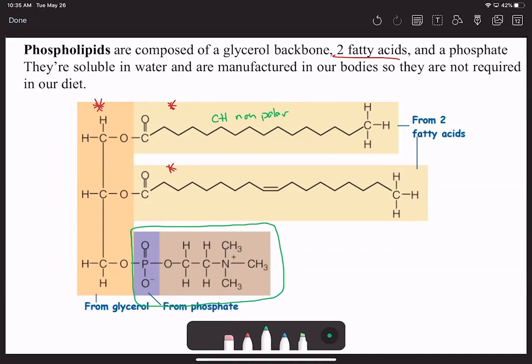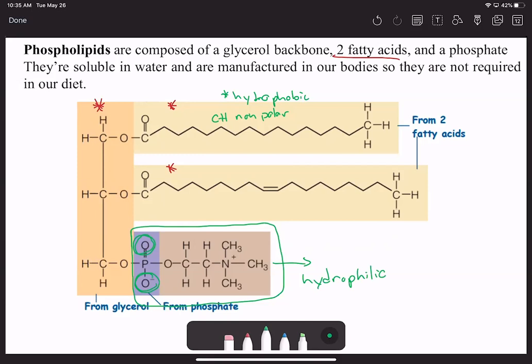And this end is what we're going to be considering as hydrophobic. This, because of these oxygens here, water can bond to it, and it's attracted to water. And this is what we're going to consider as hydrophilic.